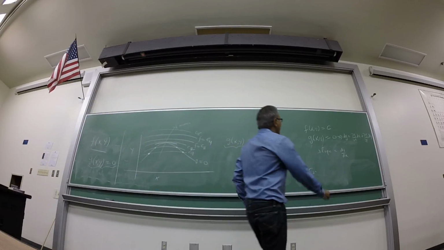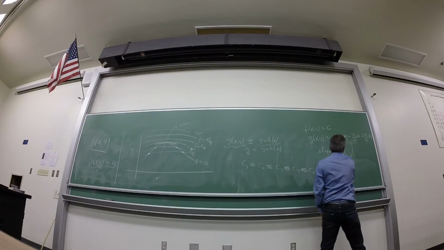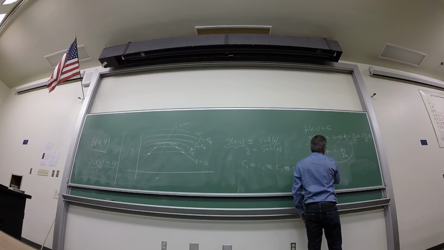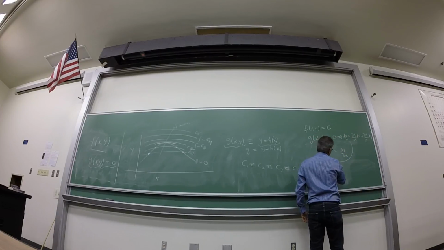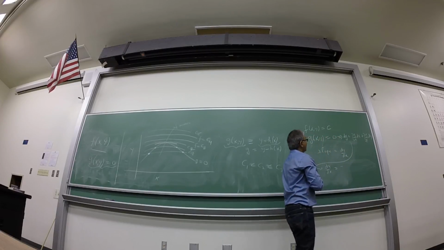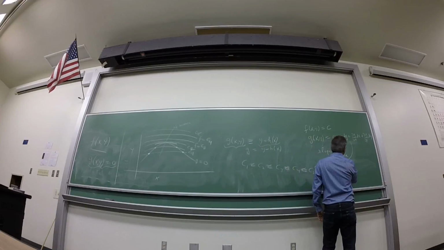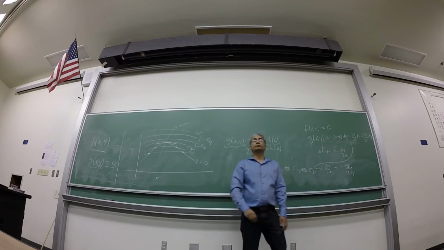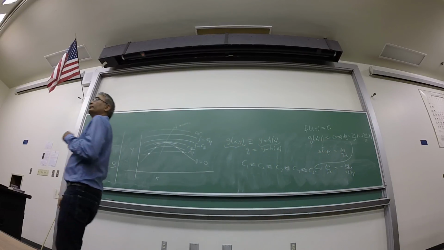And the slope is dy dx. So from this equation, you can see dy dx is going to be equal to minus del g del x over del g del y, right?